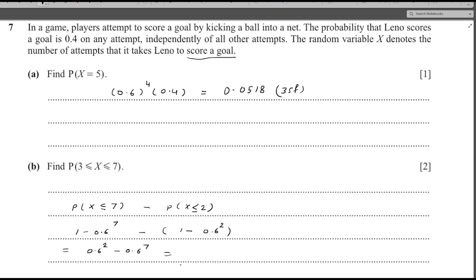So let us do the calculation. 0.6 power 2 minus 0.6 power 7. The result is 0.332.